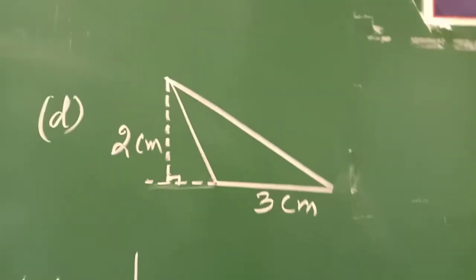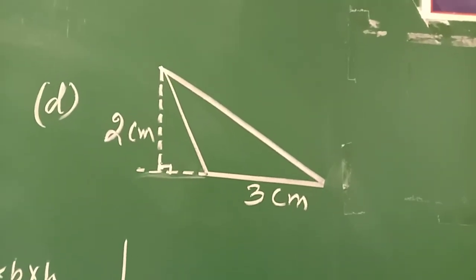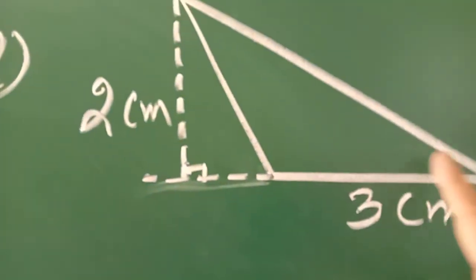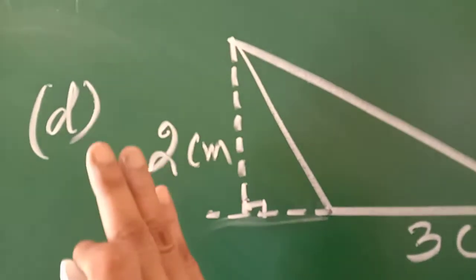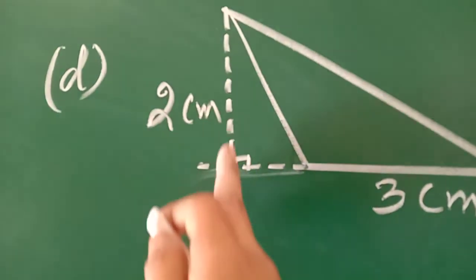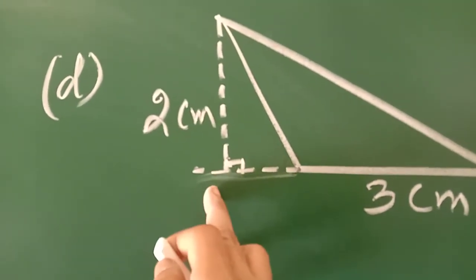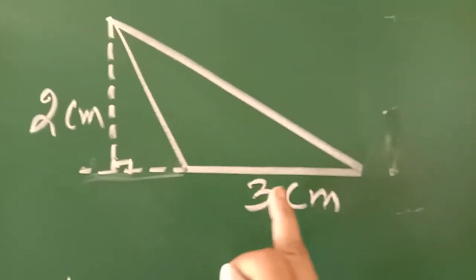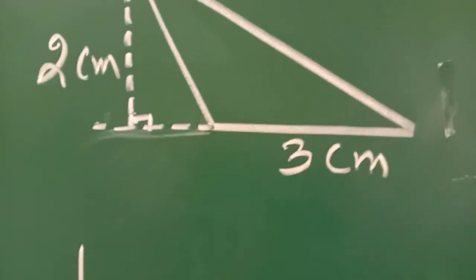Next sum. It is an obtuse angle triangle. One obtuse angle triangle is given here, D. See from your book. The triangle is an obtuse angle triangle. Its height is outside of the triangle. No matter the base, you will draw the perpendicular on the produced base. You will get the height of the triangle, and the base is given as 3 centimeter.